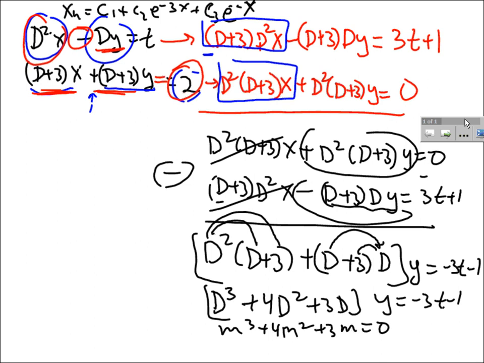But this is the same equation we had before. So y homogeneous is going to be exactly like x homogeneous. But instead of using C1, C2, and C3, I'll use C4 plus C5e to the negative 3x plus C6e to the negative x. Just like it was there.